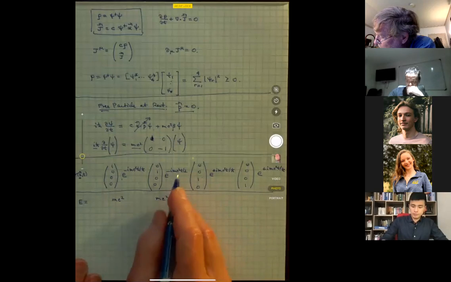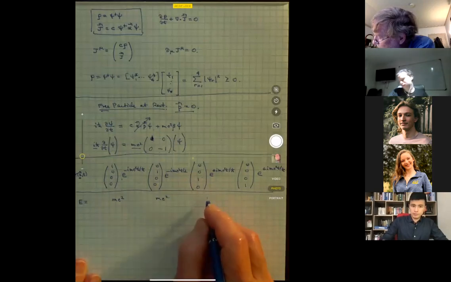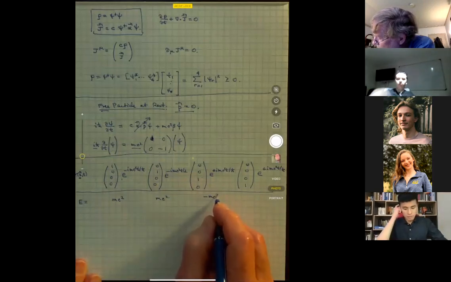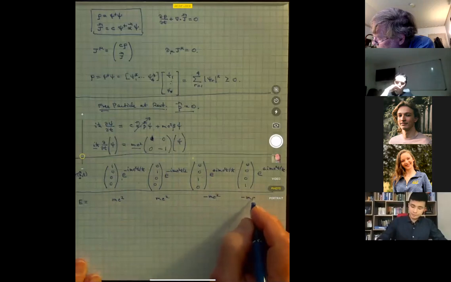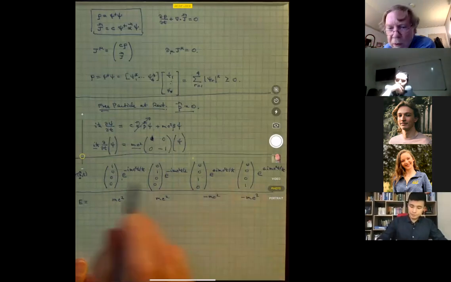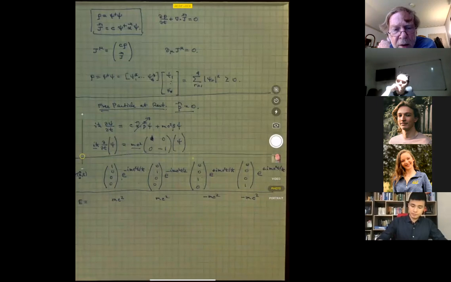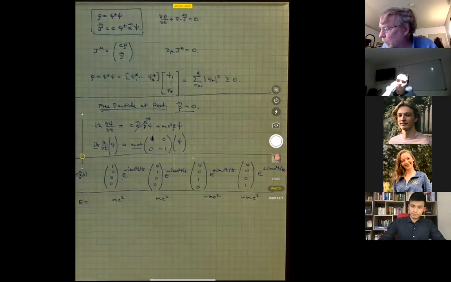It's the same time dependent factor. But the next 2 have energies minus mc², because of the plus sign in the exponent. And so what we see is that the Dirac equation possesses solutions of negative energy, just like the Klein-Gordon equation did. And so we still have this interpretational problem, or this aspect of the difficulty remains.